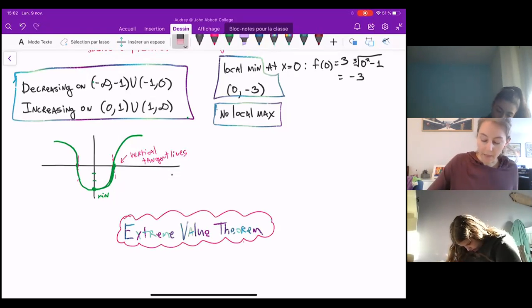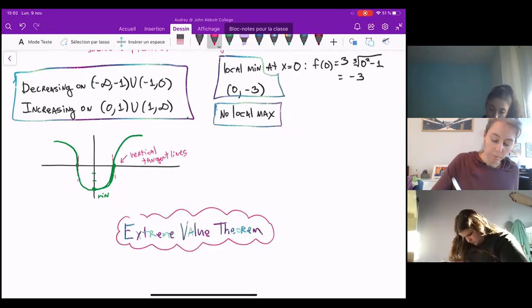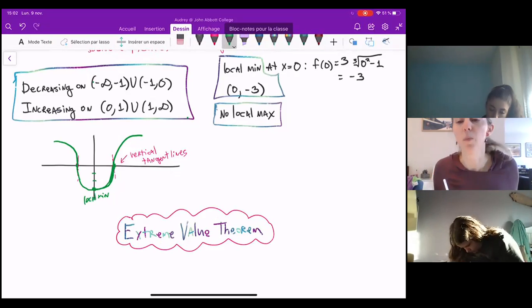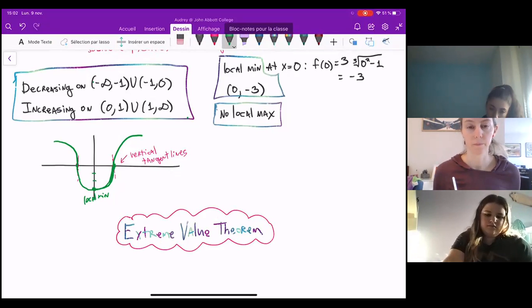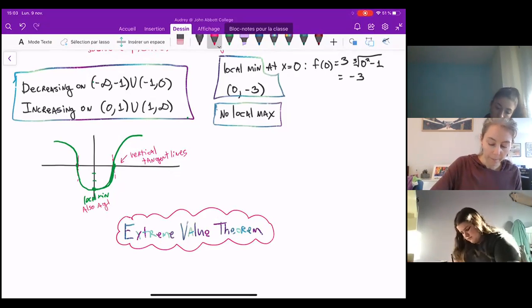So that min that I have on my graph up there, that's a local min. Local. Is it also a global min? It's lower, the y value is lower than anywhere else on the whole thing. So it is also a global min.